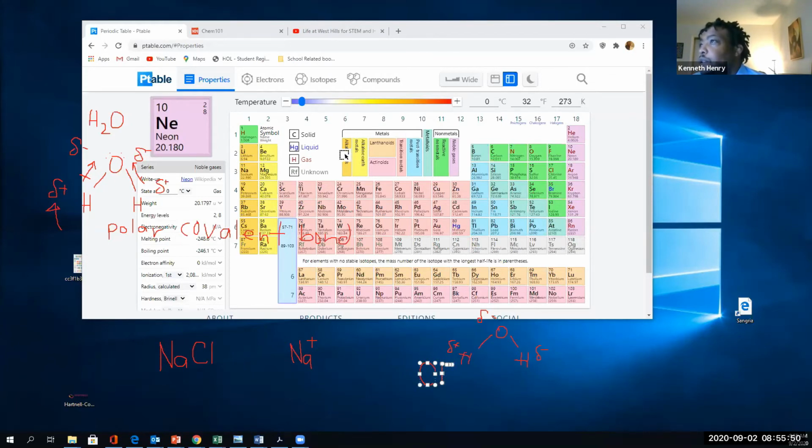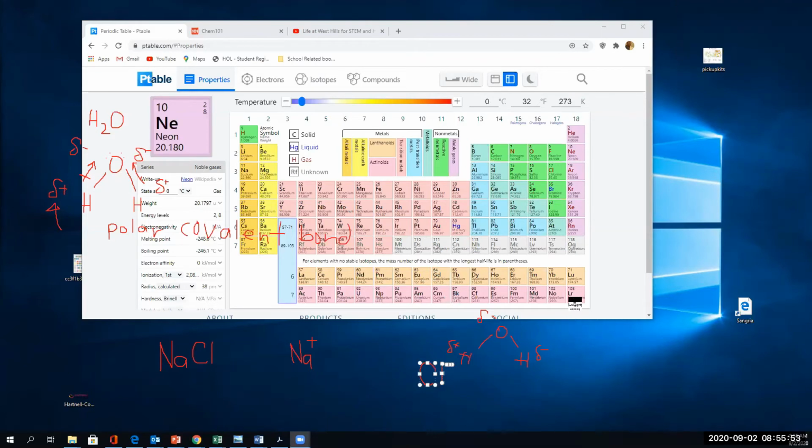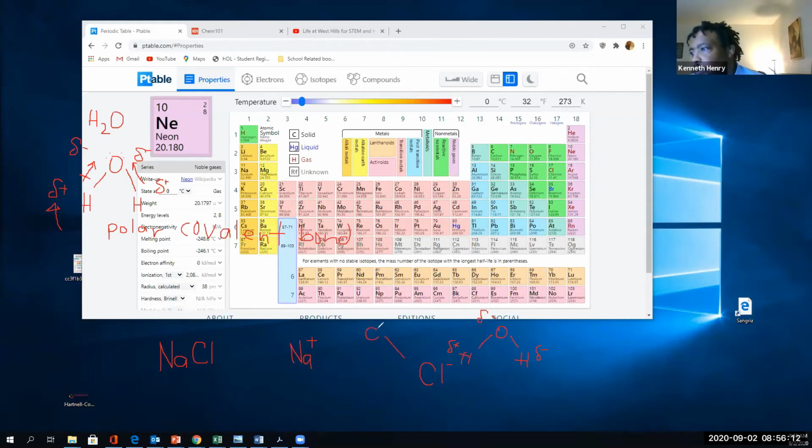Let's see if I can get fancy here. It's going to get surrounded by the water molecule, where it's interacting with the H. So all of the H's are going to orient towards the chlorine and surround it.